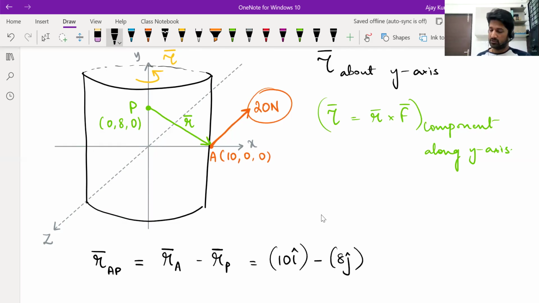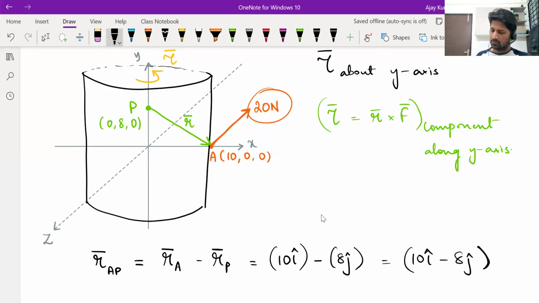This is the relative position vector that we have to use now to find the torque about point P, not directly about the axis, but about point P. So 10 I cap minus 8 j cap is the position vector of the point of application of the force with respect to the point P about which you are finding torque first.